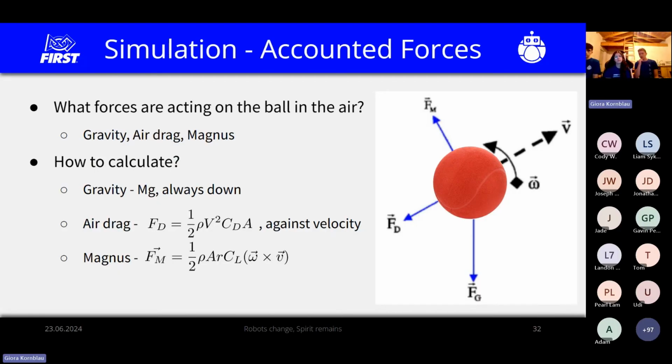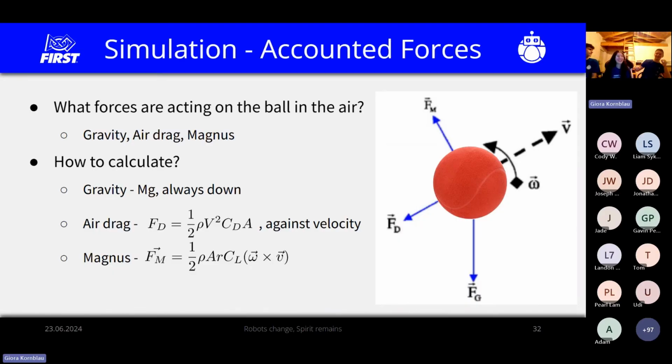So as you can see, the balls from the 2022 season had a few forces that acted on them. Well, first we have gravity, which always goes down.